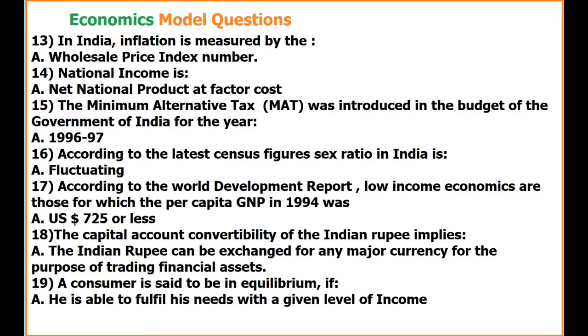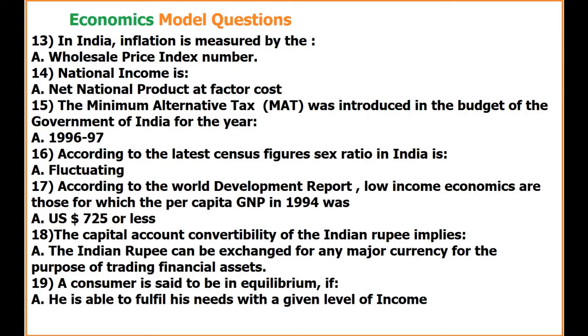The minimum alternative tax, MAT, was introduced in the budget of the government for the year 1996 to 1997. According to the latest census figures, sex ratio in India is fluctuating.